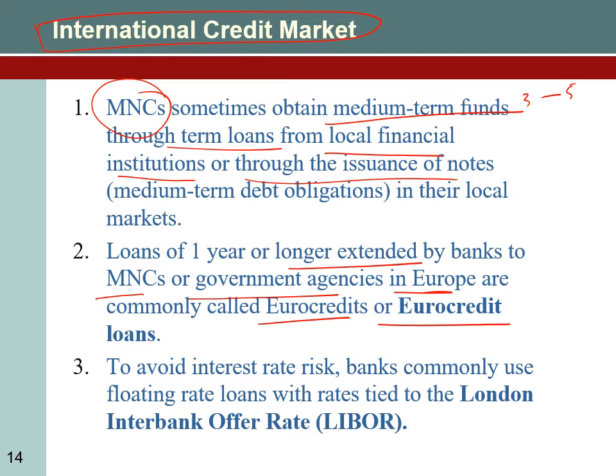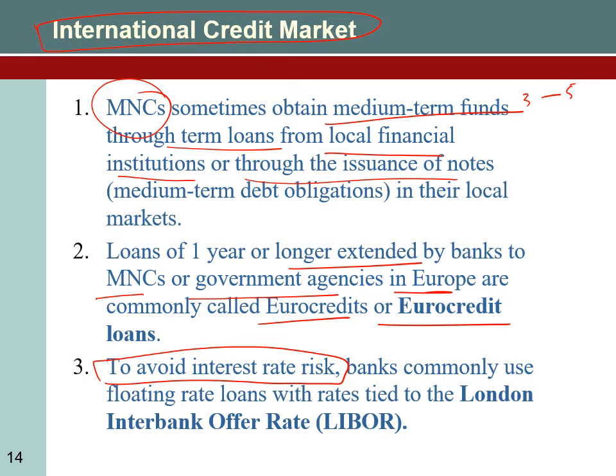So to avoid interest rate risk, and what is that? The risk to the banks, that if we give the money to the borrower, and what happened in future, the interest rates rises, then the banks will say that we lose the opportunity to earn more interest.